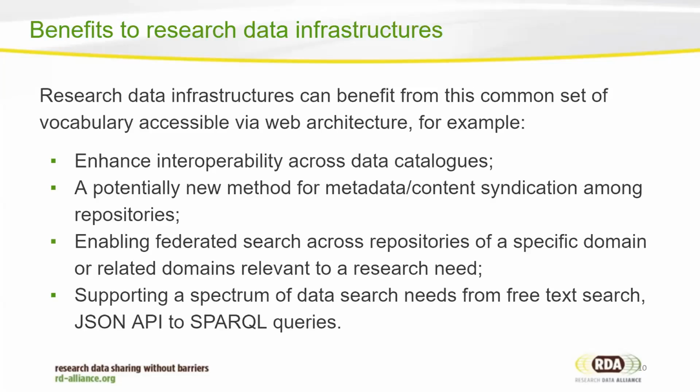As long as we know how the different schemas are mapped to each other with our crosswalks, we can translate from one to the other. And this would allow us to support a spectrum of data search needs. For instance, we can work with JSON APIs, or we can go for SPARQL queries, and everything on top of a common layer.